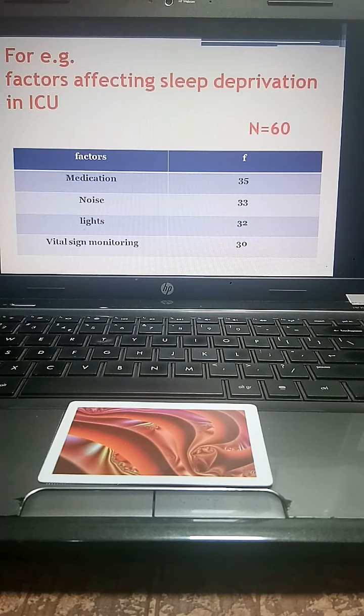The persons whose sleep is affected by the medication, their frequency is 35. Whose sleep is disturbed by the various noises generated by the monitors or anything else, that is 33. The persons whose sleep is deprived by the excessive lights present in the ICU, that is 32. So if we calculate the total frequency, it will exceed 60.